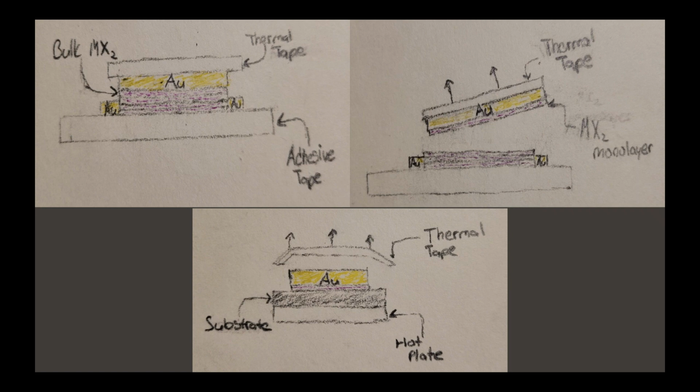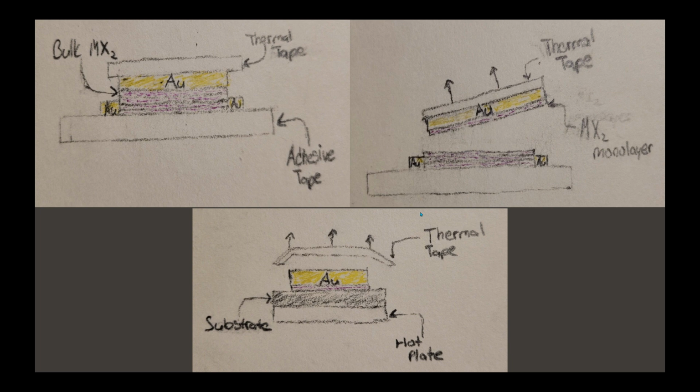What I have over here is a couple of sketches to represent the metal-assisted mechanical peeling method. In the first sketch, you see that gold is attached to thermal tape and is placed on top of the bulk crystal, and the bulk crystal is sandwiched between two smaller gold stabilizers.